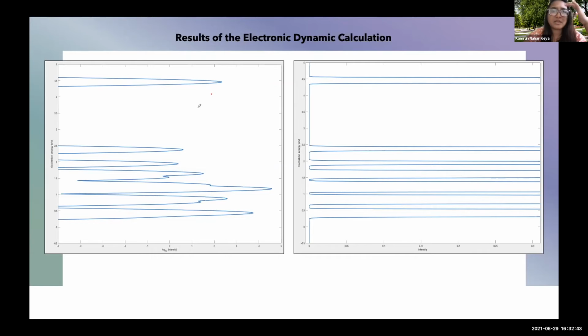So it seems like this one is the excitation energy for the HOMO minus 4. Then it shows the other values like HOMO minus 3, then HOMO minus 2, then HOMO minus 1, then HOMO, if I'm not wrong.